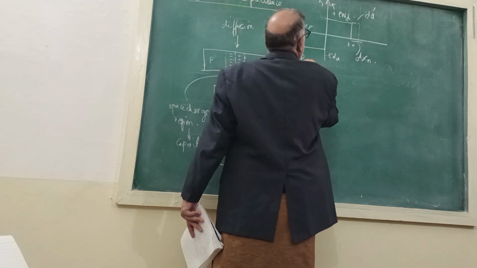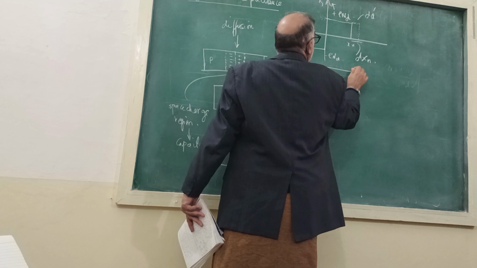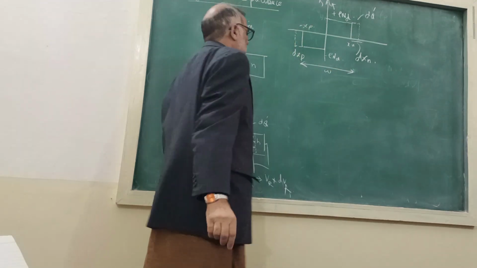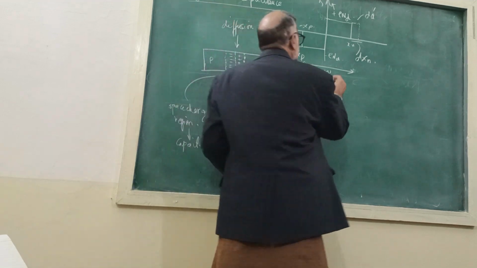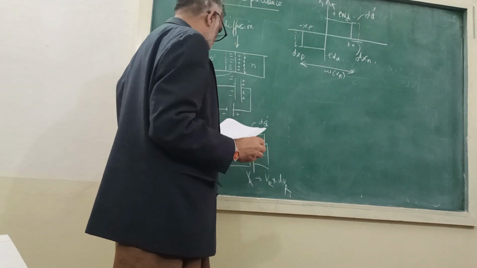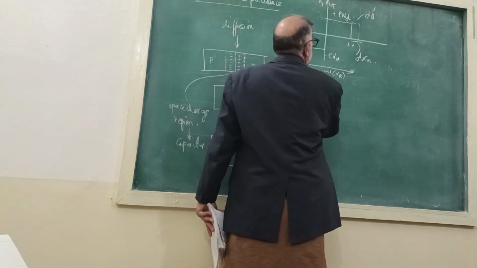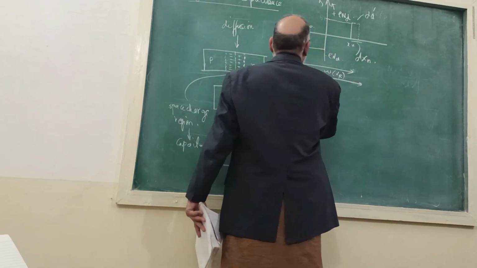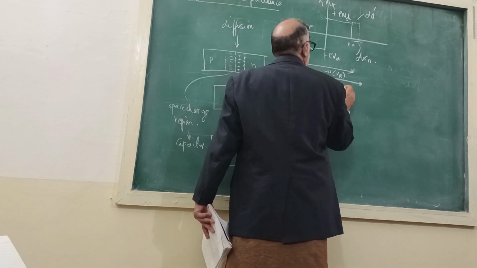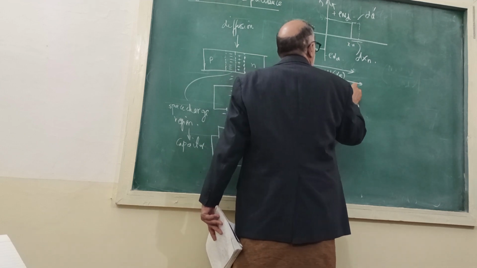So this is the width at the reverse bias, W at VR, and here now the width is this one, and that will be W at VR plus dVR.